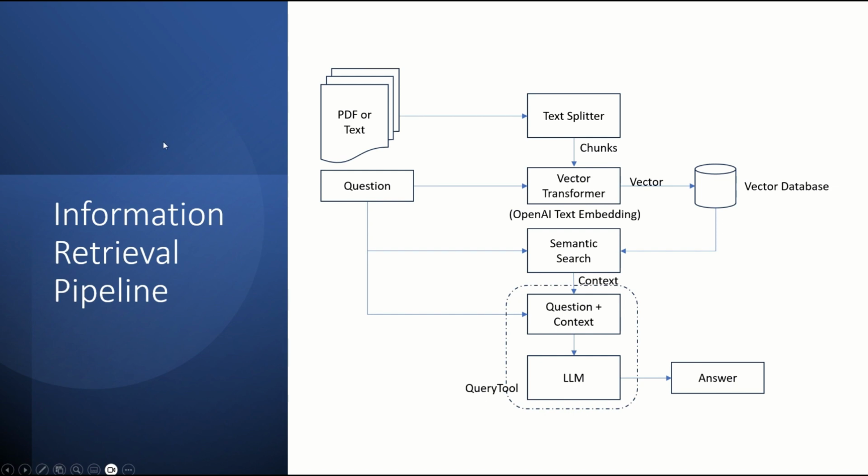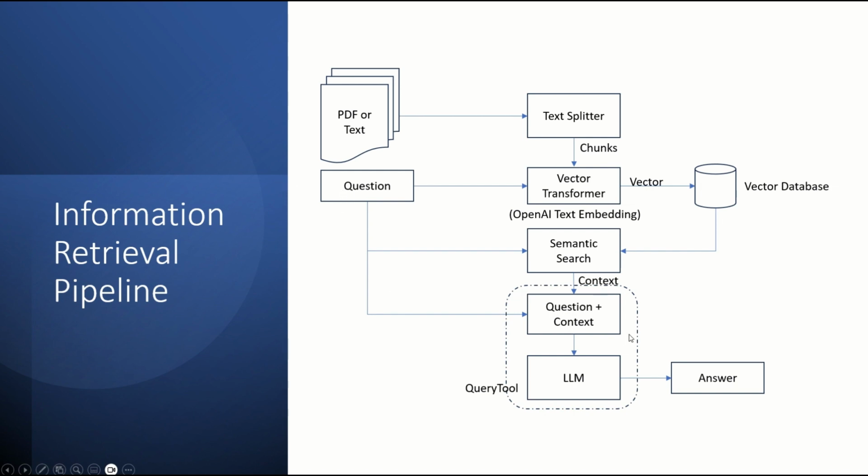Now let's talk about how this pipeline works when a user has a question. When the user question is fed into the system, the magic begins. The system uses the same vector transformer to transform the user input question into a vector representation. It's like turning the question into the language that the machine understands. Next, the semantic search tool takes this vectorized user question and searches the vector database to find semantically similar text.